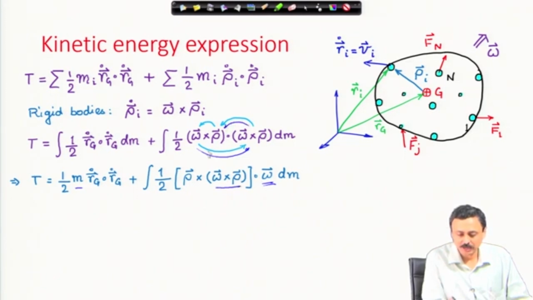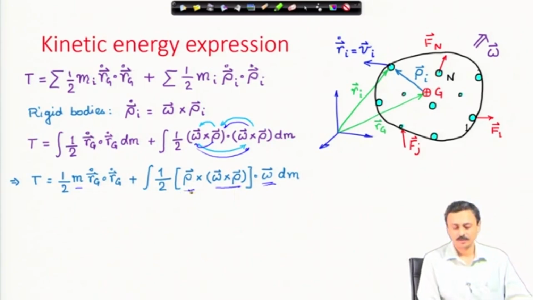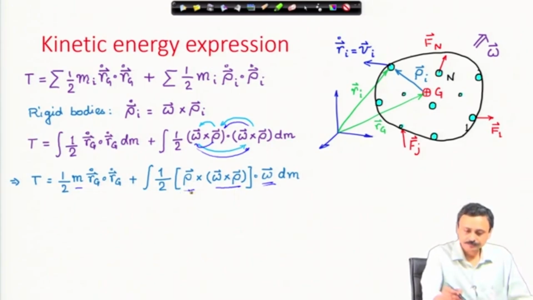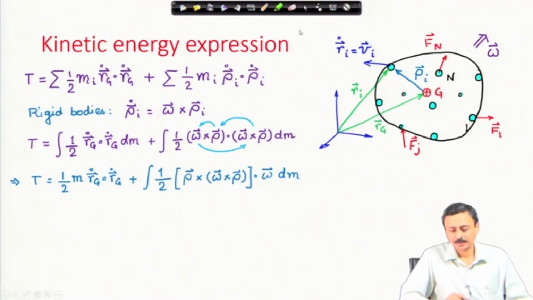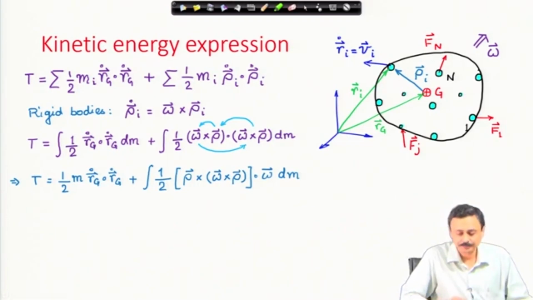So, this is omega cross rho, and rho goes to the first place. So, here sits rho. And that is integrated over the mass, total body.